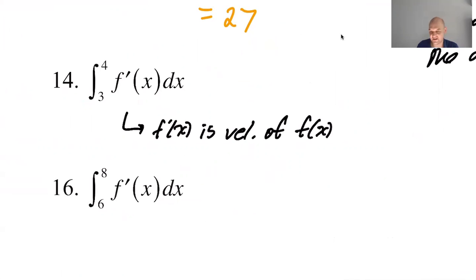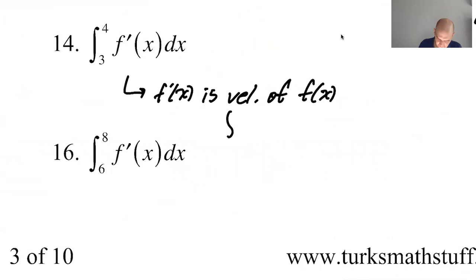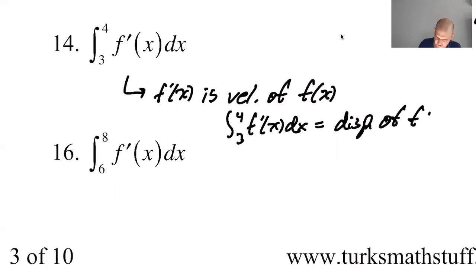It's really the rate of change of f of x, but like the problems we did before were about velocity, so it makes sense to kind of contextualize it that way. So we're gonna say it's the velocity of f of x, which means that the integral from 3 to 4 of f prime of x dx is the displacement of f of x, right?